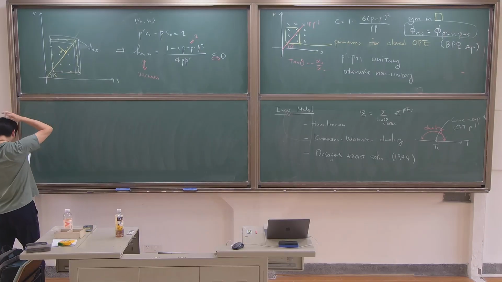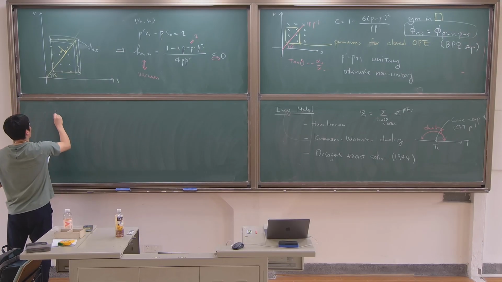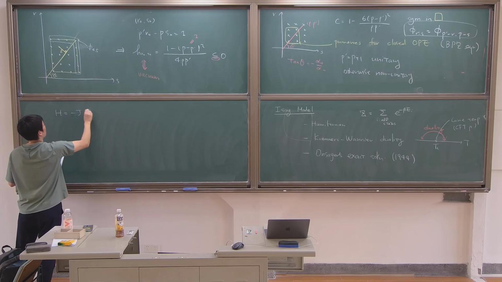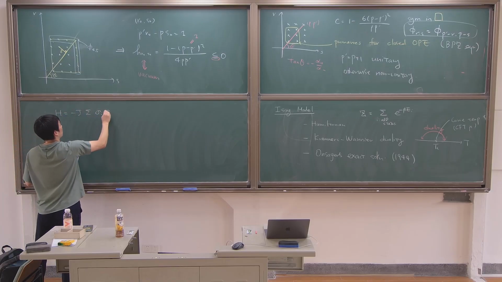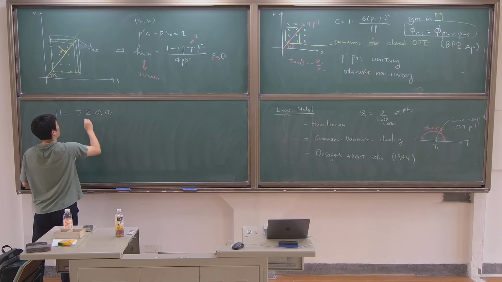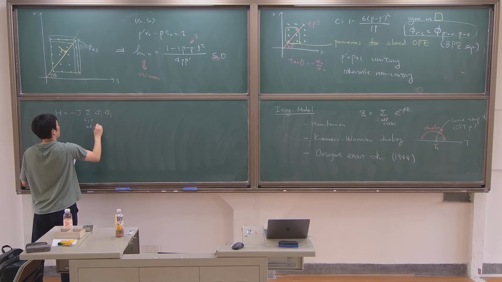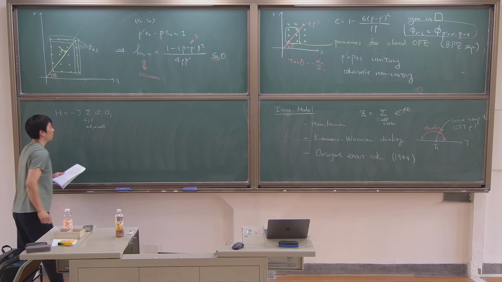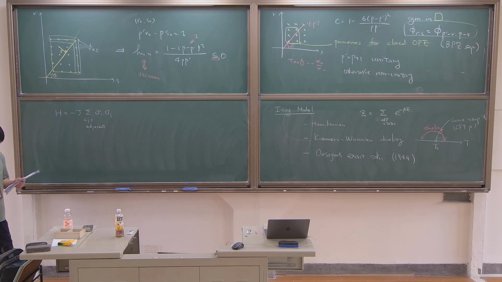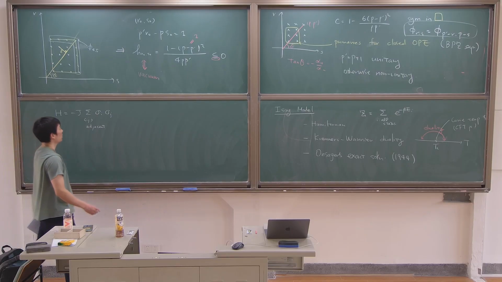Fine. So the Hamiltonian of the Ising model is given in this way, where i and j are adjacent points. This is the simplest Ising model Hamiltonian.